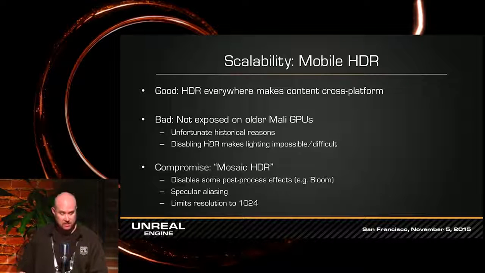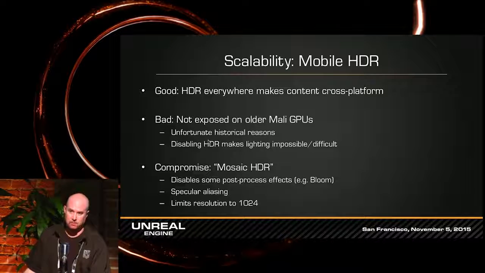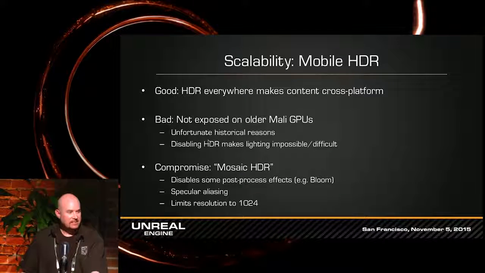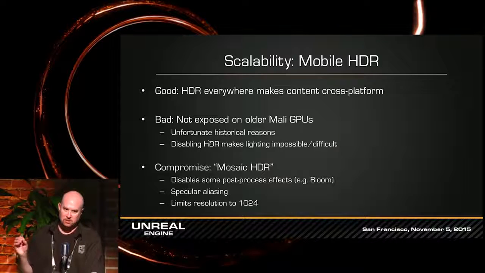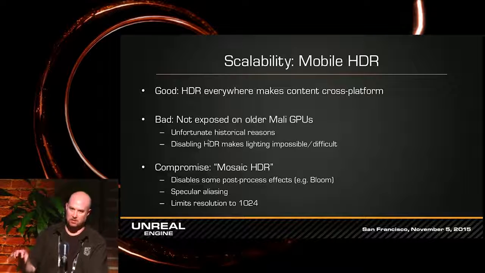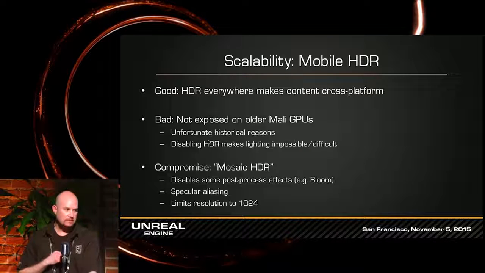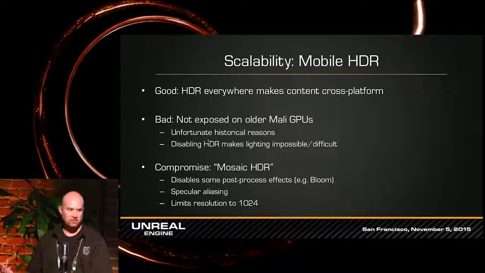The bad thing is that some, and I'll say it's the Mali GPUs, don't expose FP16 render targets for unfortunate historical reasons. That means that we can't store FP16 HDR colors in the render target on those GPUs. And that makes lighting and all post-processing very difficult.